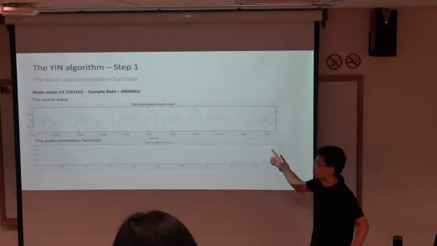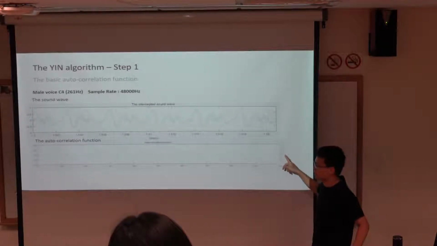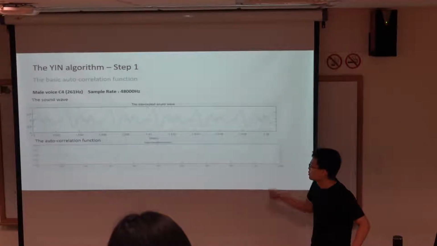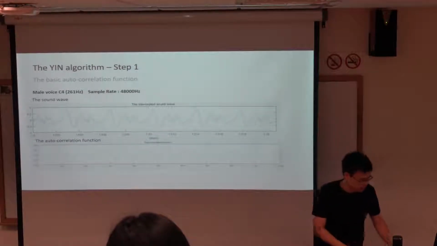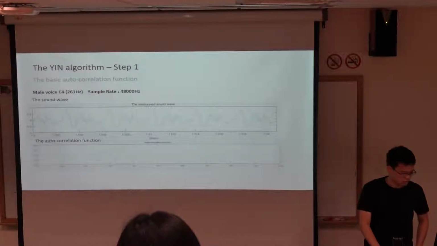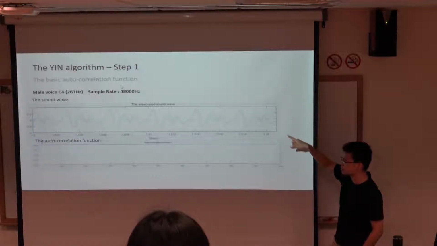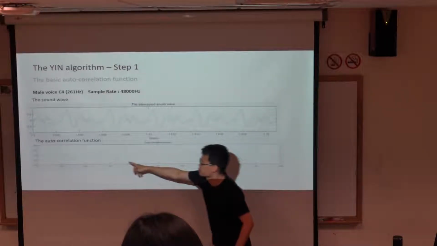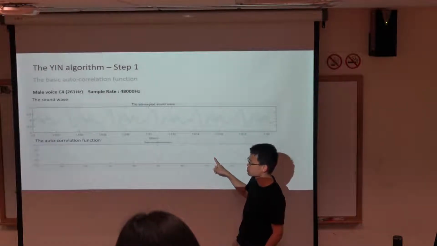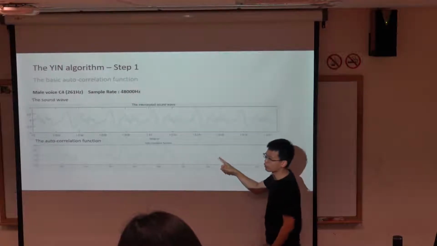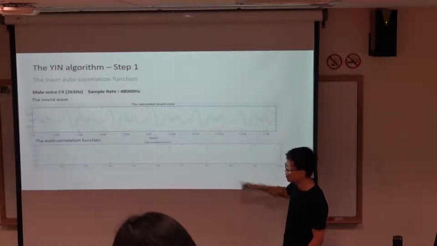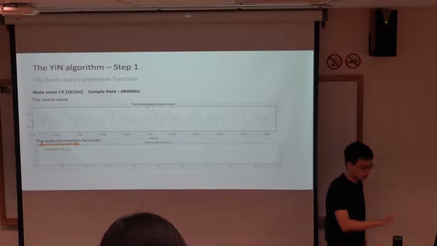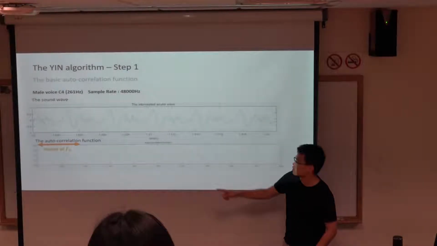The problem of the autocorrelation function still lies here. For this signal, it oscillates very regularly, so we can see a perfect periodicity appear in the autocorrelation function. Our job is to calculate that.